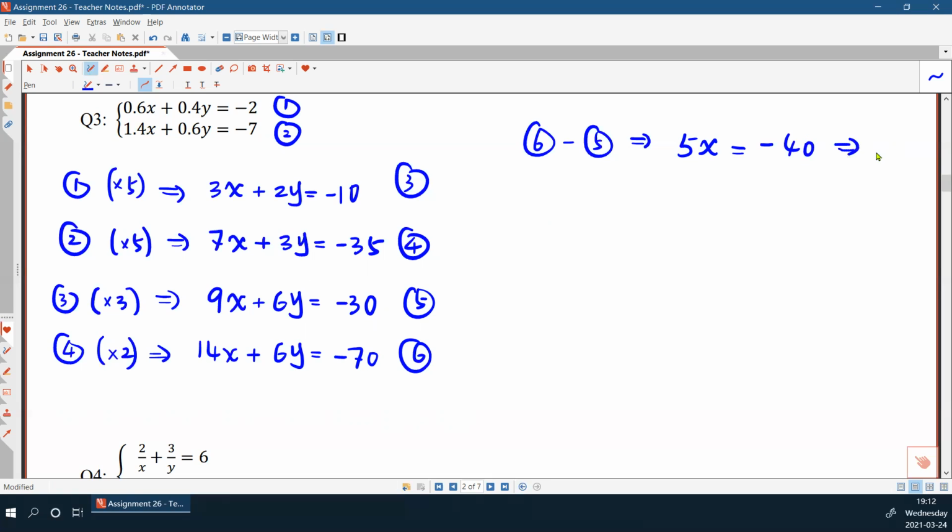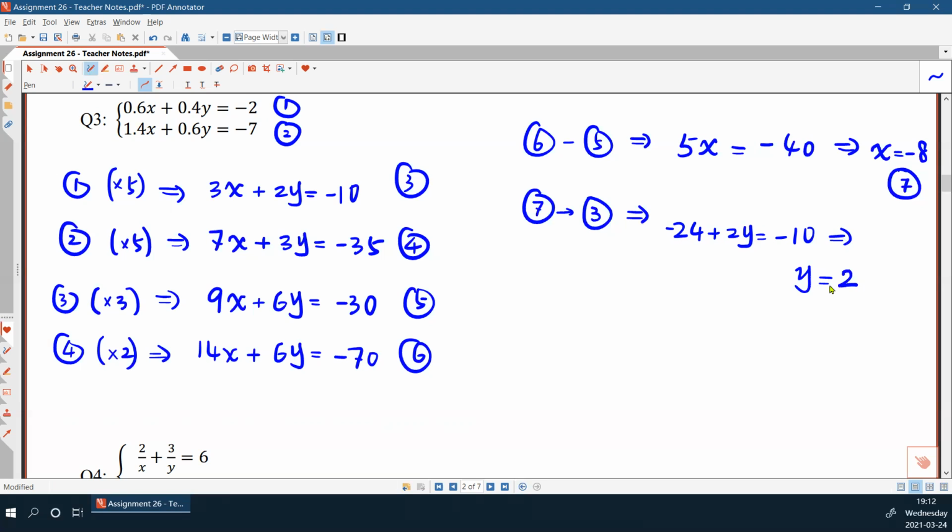Okay, so that means our x is minus 8. Let's call this 7. And then we can plug 7 into equation 3. This will give us minus 24 plus 2y equals minus 10.